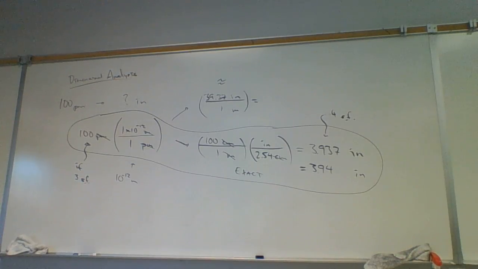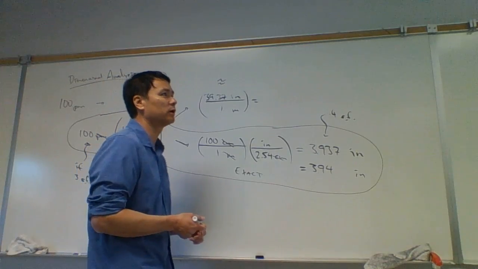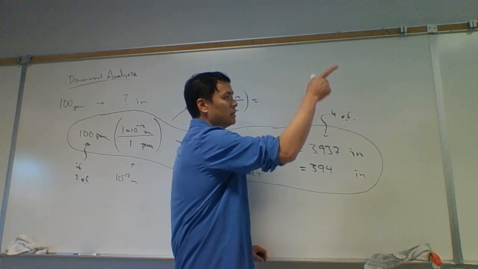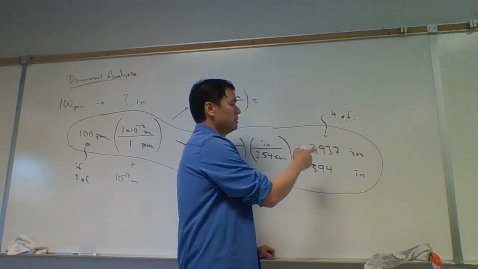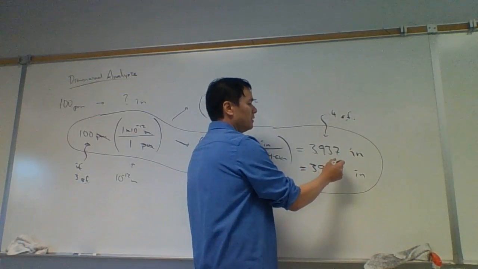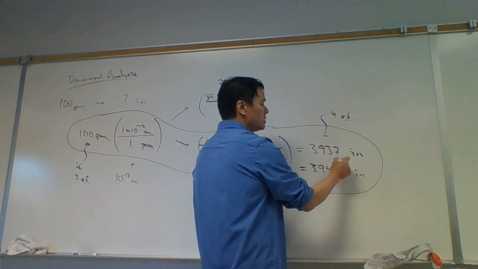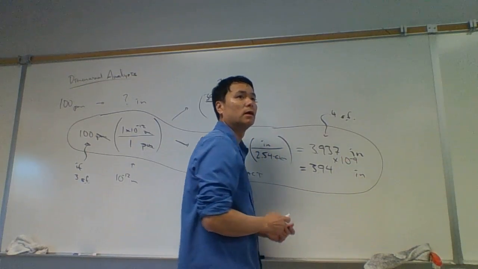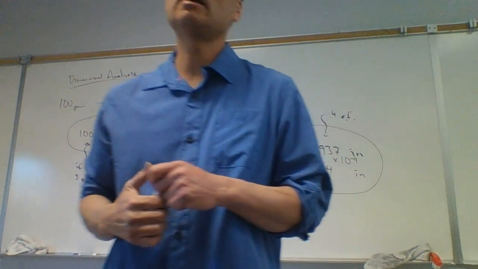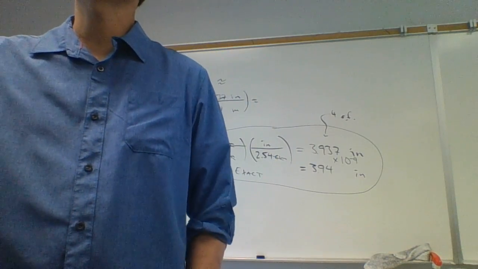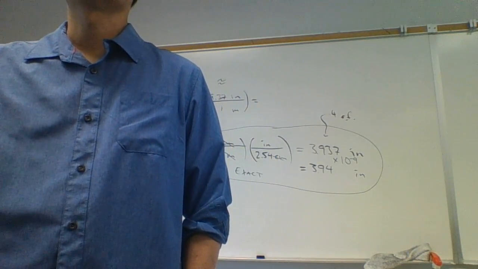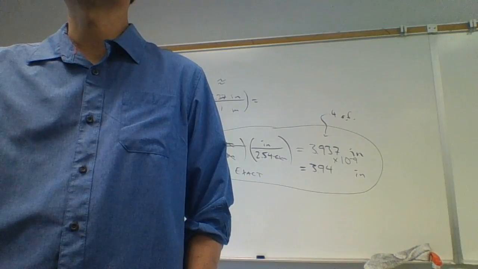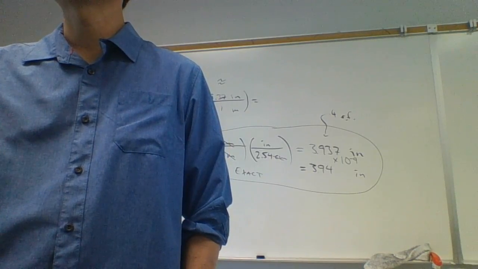And so let's take a look at this one. This is not 3.937. It's 3.937 times 10 to the minus 9 inches. 10 to the minus 9, what prefix do we give that? 10 to the minus 6 would be micro. 10 to the minus 9 would be nano.